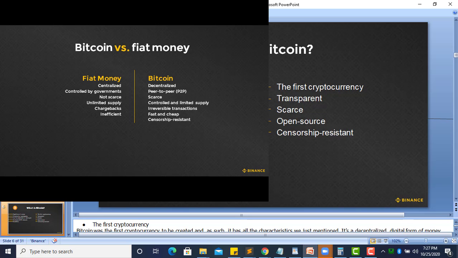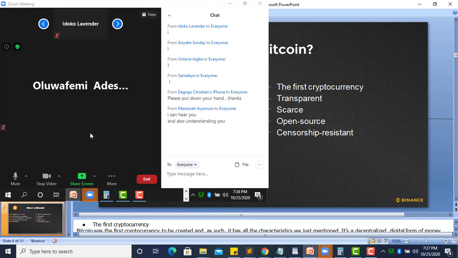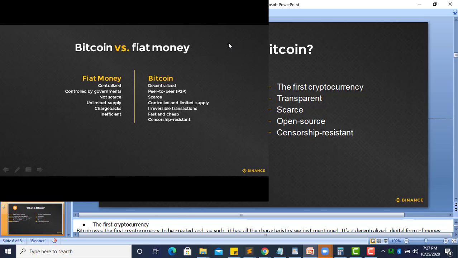So irreversible transactions. Fast and cheap. Bitcoin can be sent within seconds or minutes. You can send a huge amount of Bitcoin worth millions of naira to someone living in the US, living in Japan, within seconds. But when you want to send that same amount of money to China using fiat money, the charge they are going to charge you is very, very huge.